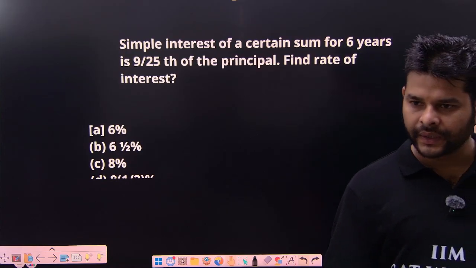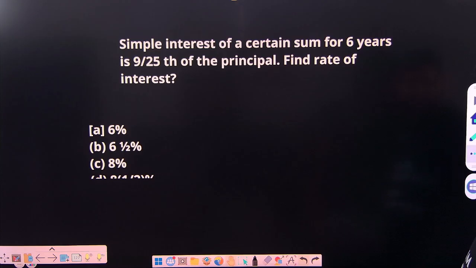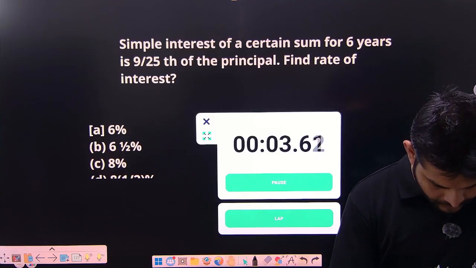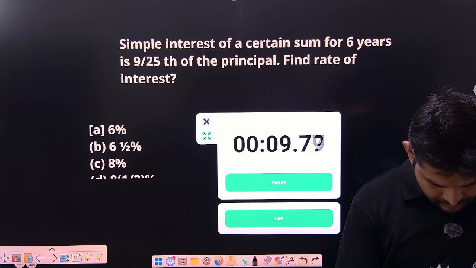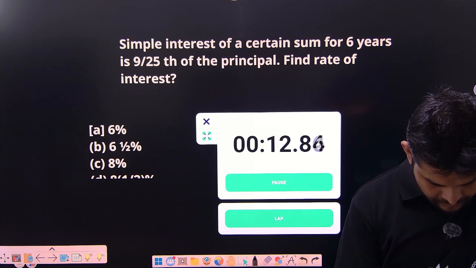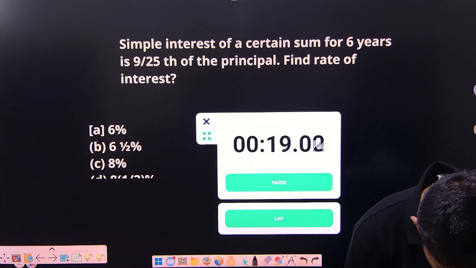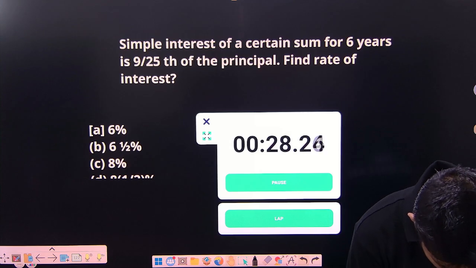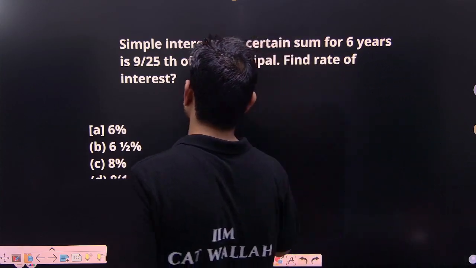Take at least 30 seconds. So what would be the right approach?